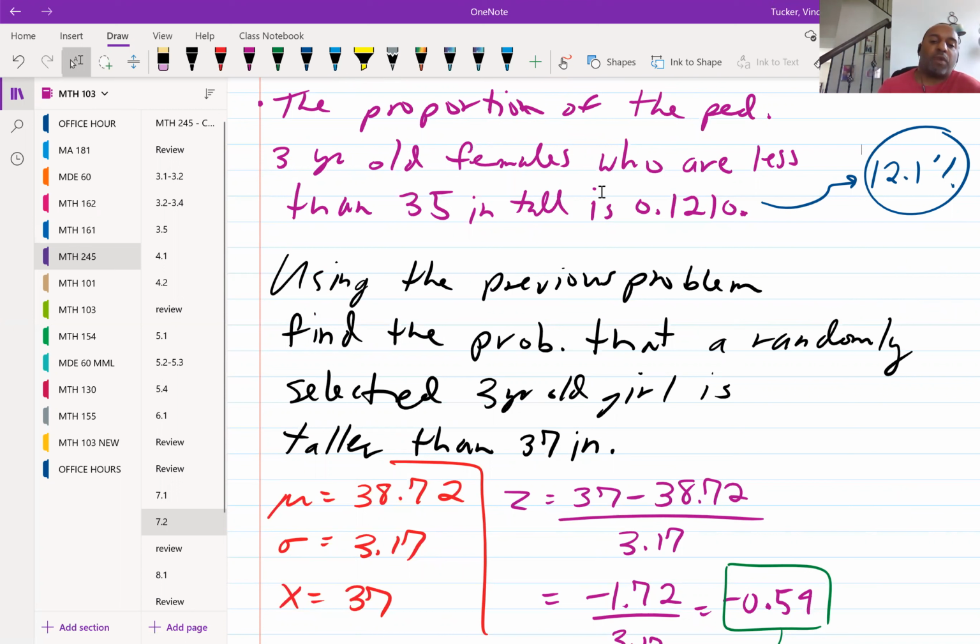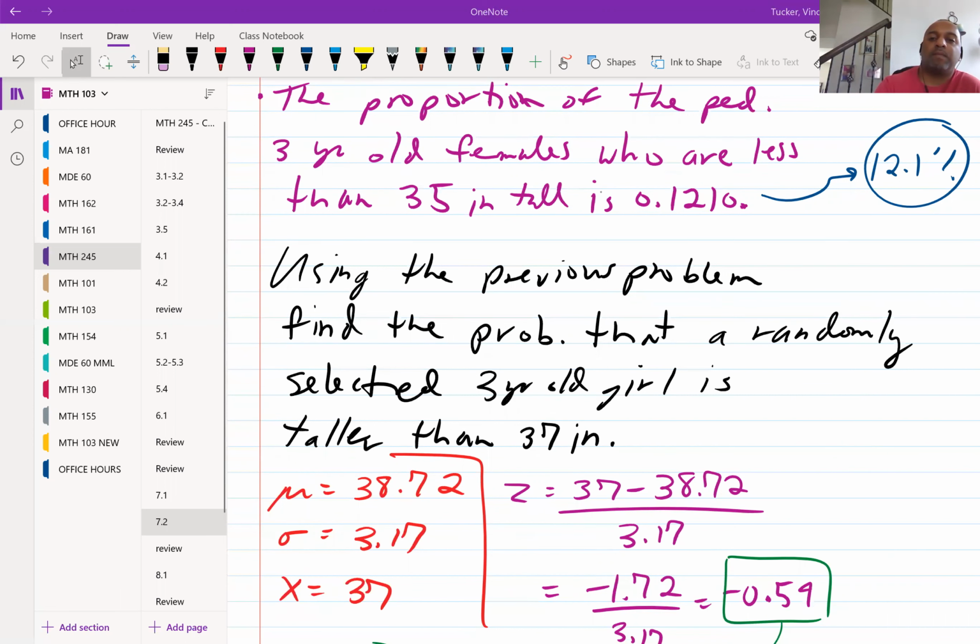So if we're using the previous problem, our mean and standard deviation are the same, but now we have a different data value, which is 37. Yes, so remember in the chart, there were negative and positive z-scores.